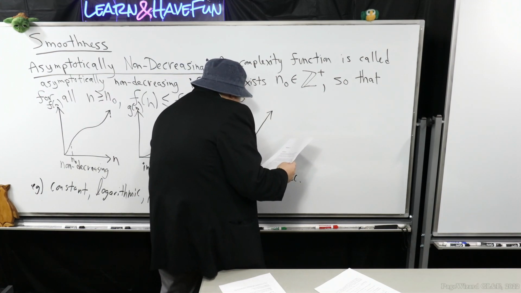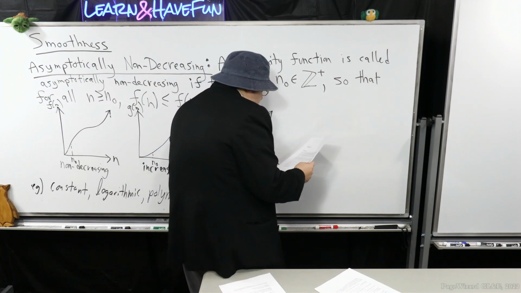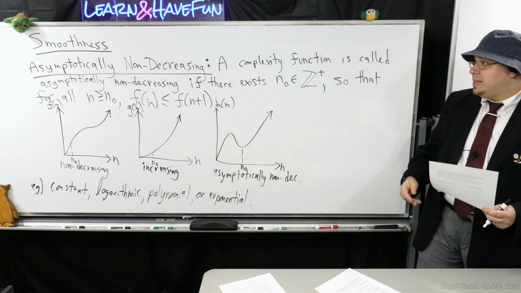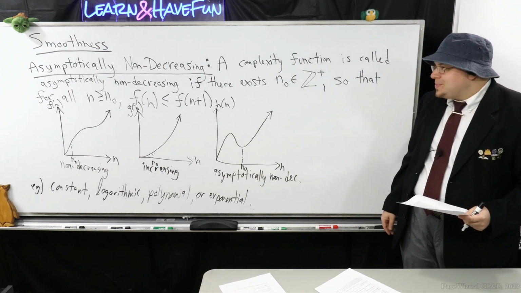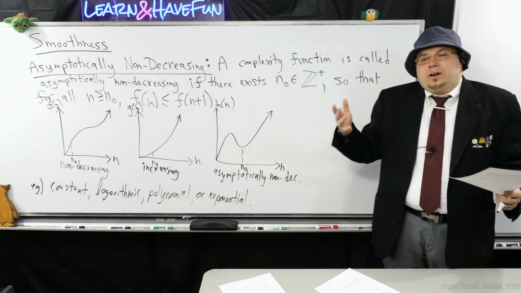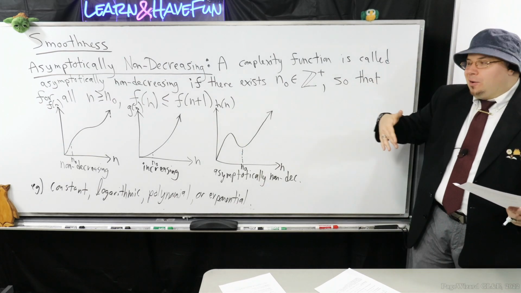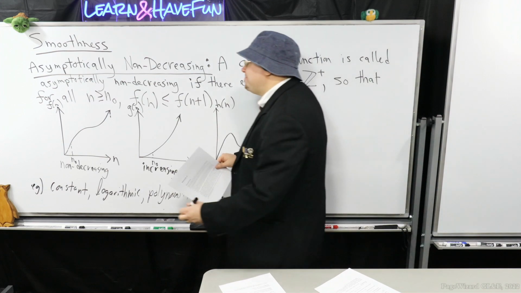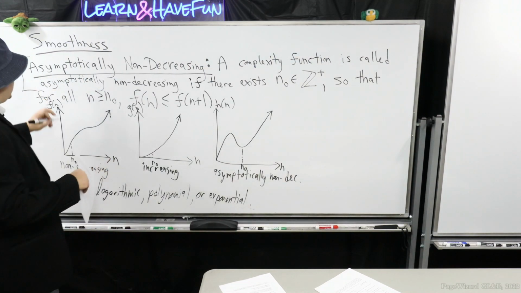So the kind of functions we talked about before are all cases where you may find asymptotically non-decreasing functions. That means that many of the functions you're talking about when we talk about algorithm analysis are all asymptotically non-decreasing. This is a helpful thing to know about.